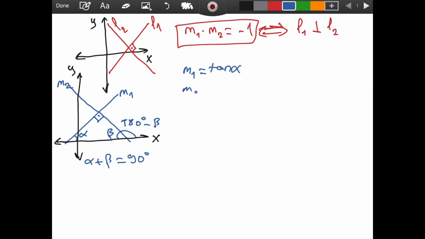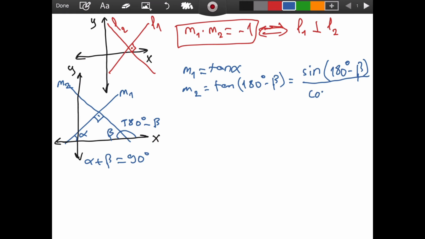And for m2, we will have the tangent of the angle that it makes with the positive horizontal axis, so this angle right here, not beta, but 180 degrees minus beta. Of course, using the definition of the tangent function, we can represent this second slope as sine of 180 degrees minus beta divided by cosine of 180 degrees minus beta.